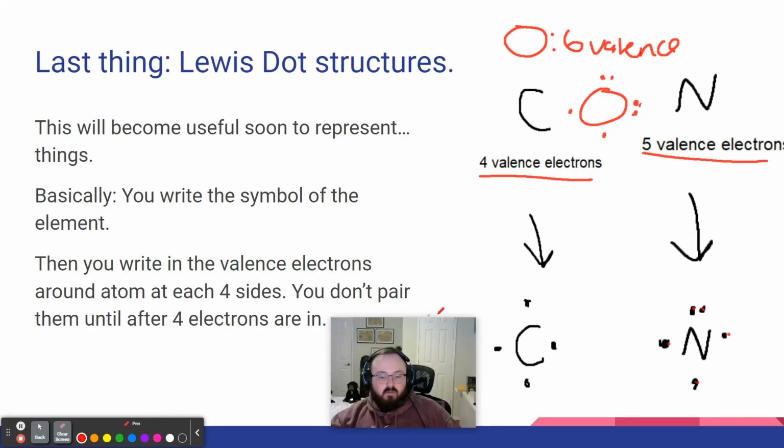That's how it should look. Alright. That's all you have to do. So if we took tin, just as another example, we said tin had 4. 1, 2, 3, 4. Done. Alright. This is going to be helpful pretty soon.